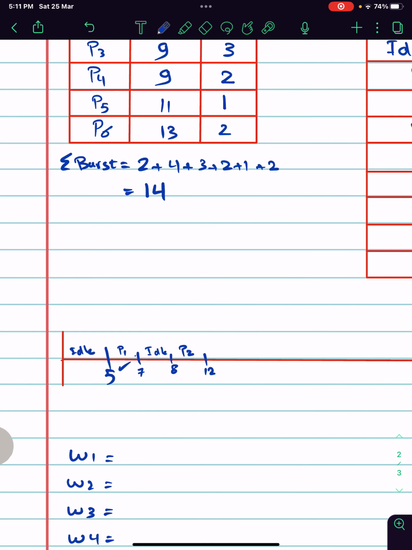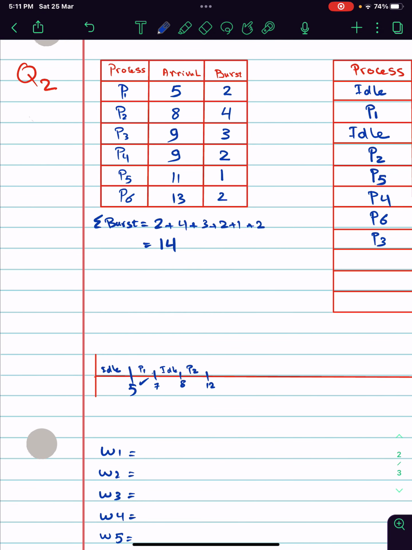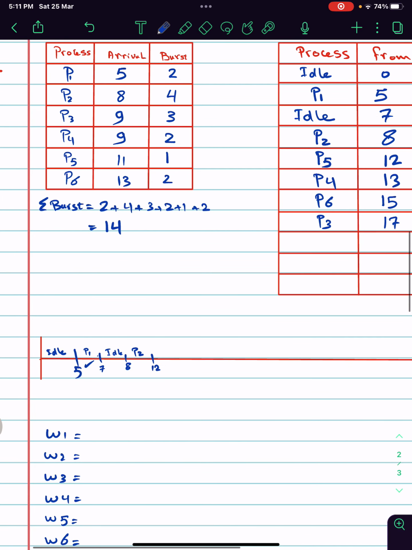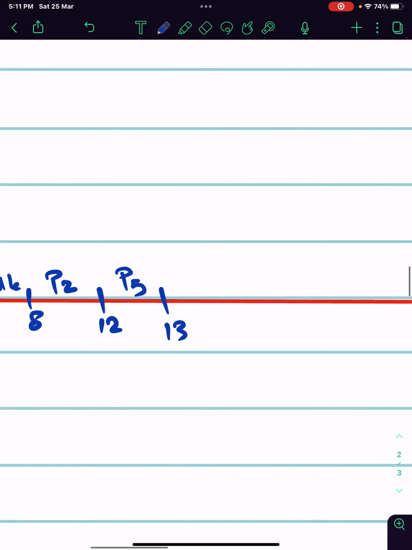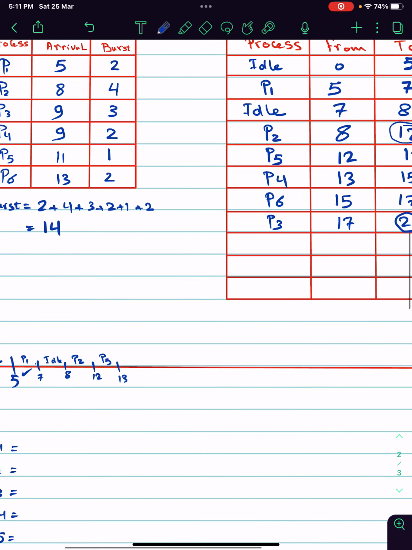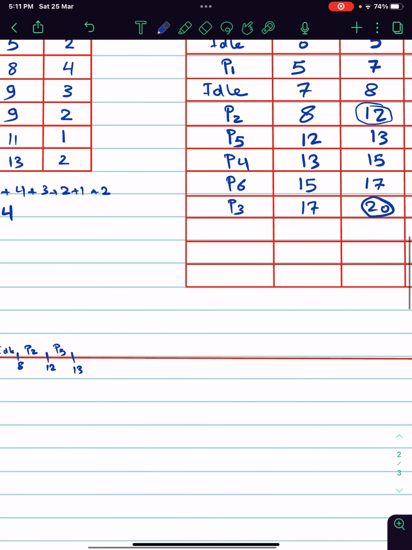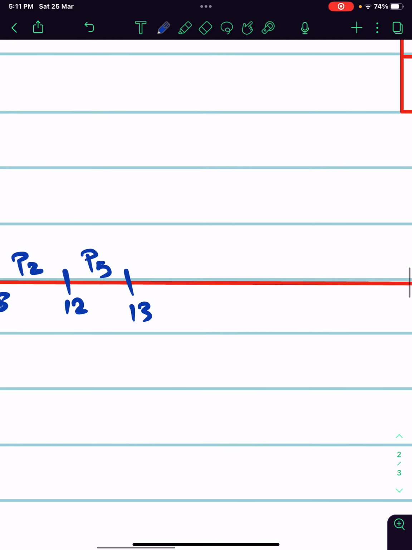And then at time 12, we selected P5, which has a burst of 1. Here it is, P5. And then at time 13, we chose P4 with a burst of 2. So it's going to be until 15, P4.